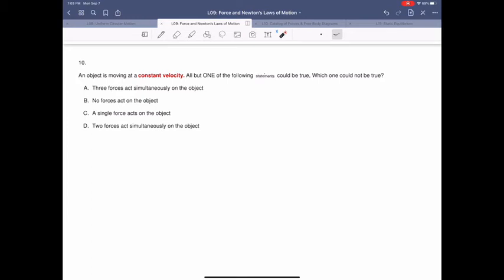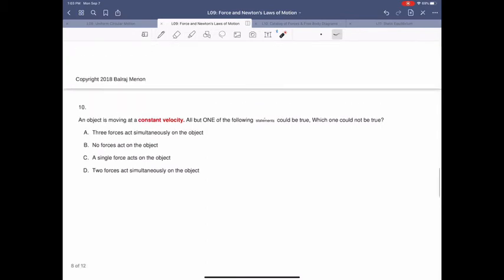Let's go through these statements one at a time. The first one says three forces act simultaneously on the object. Well, you can have three forces acting on an object such that if you look at the vector sum of the three forces, you get zero.